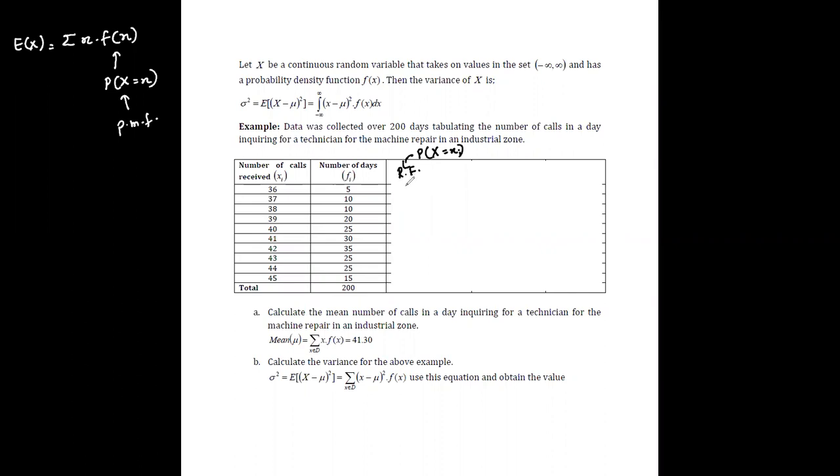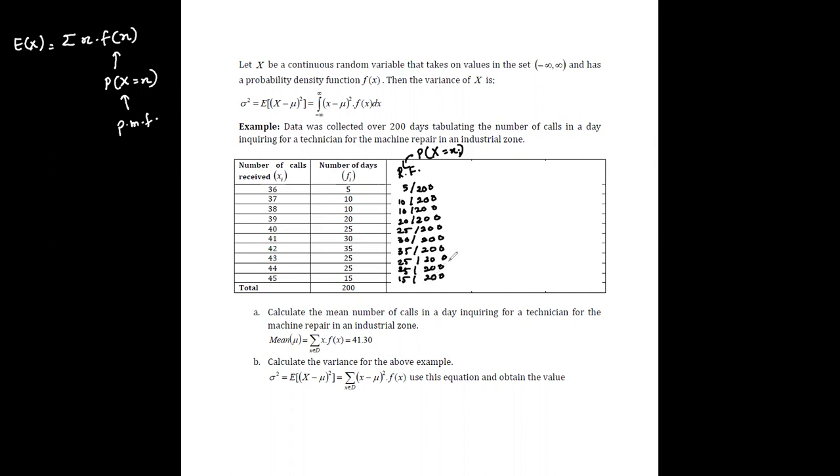The relative frequency for the first one would be 5 over 200. The next one is 10 over 200. Frequency divided by total, again 10 over 200, then 20 over 200, 25 over 200, 30 over 200, 35 over 200, 25 over 200, another 25 over 200, and at last it is 15 over 200.